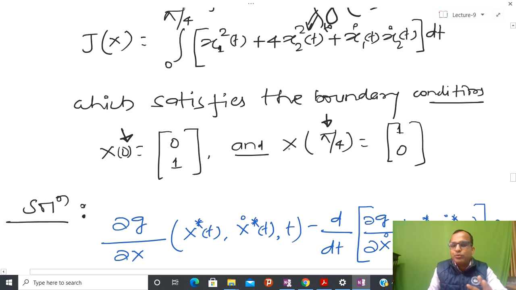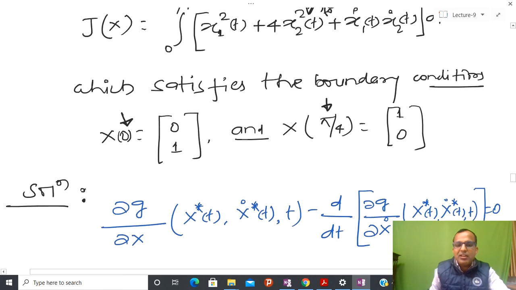Now I have to solve the 2n, meaning 2 states, so 4 differential equations come into the picture, and this is a 4th order differential equation, and after that I have to formulate the end conditions. So let us see how to solve it.